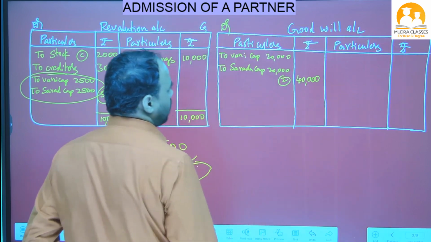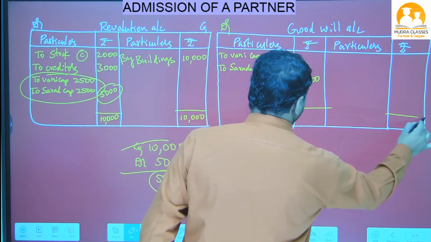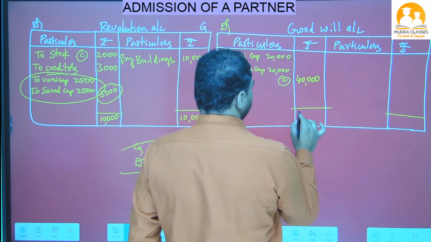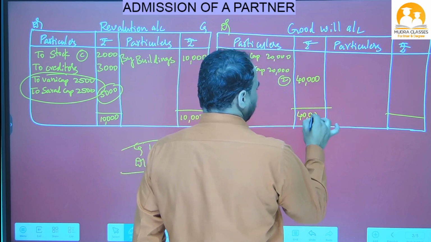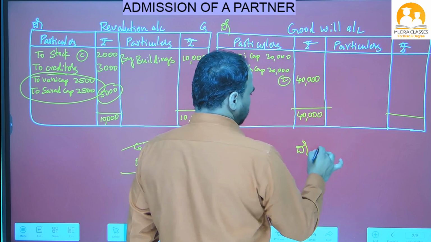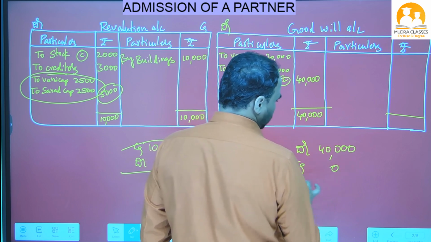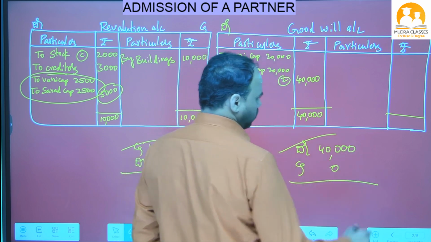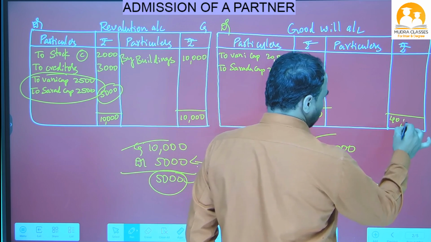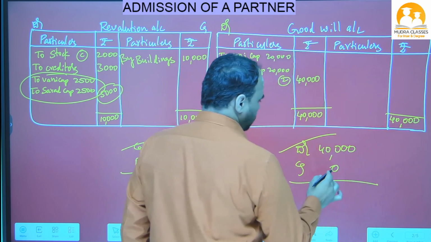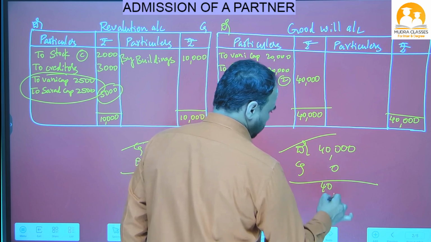Okay, now goodwill account, here we have to close the goodwill account, Nana. So debit side we have 40,000 but credit side 0. In these two, debit is the big amount, so on both sides write the debit amount 40,000. Debit minus credit, so 40,000 rupees.